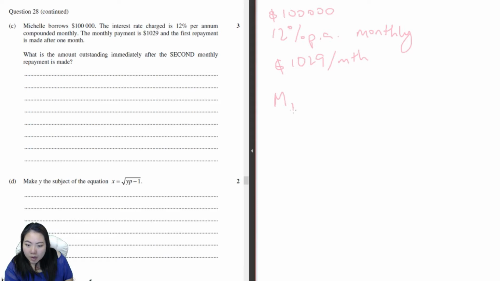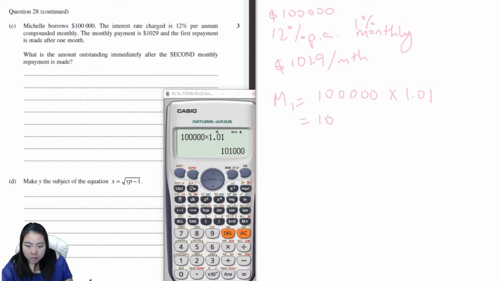Let's start with month 1. Month 1, she is going to get interest on it, which will be 1%, right? Because if it's 12% per year, it's 1% per month. Therefore, for the first month, she's going to get 1% interest on top, which will be $101,000.